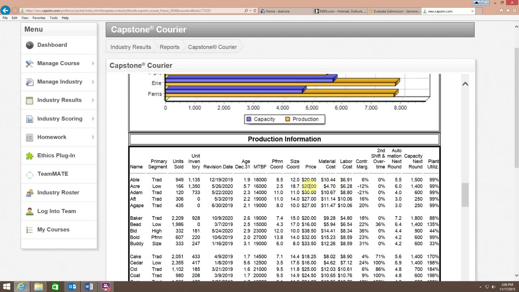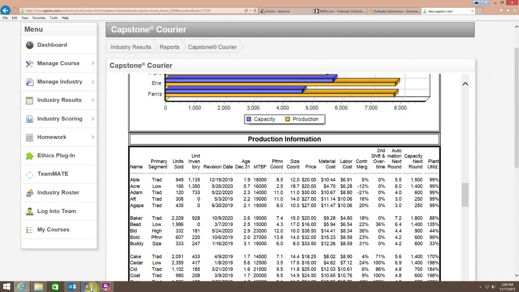Acre and Atom, right? A $20 price, for example, and the material and labor cost was only about $10, just short of $11. So it had a $9 margin there. Well, why did it end up with a negative contribution margin? The same would be true of Atom: a $30 price and just about a $20 cost, 19 something, and a negative contribution margin, even though that's a positive margin there.